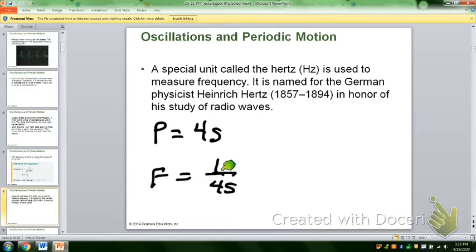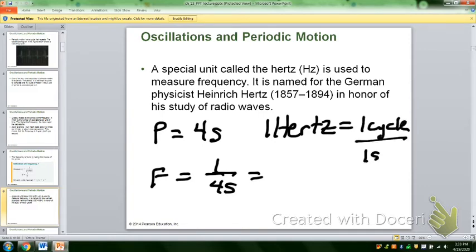Typically for frequency, they've given this a label of its own called hertz. So anytime you have an S in the denominator, cycles per second, that's referred to as a hertz. Let me just say that 1 hertz is equal to 1 cycle per 1 second.